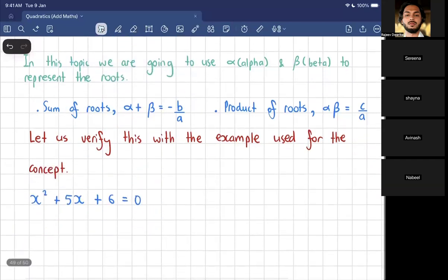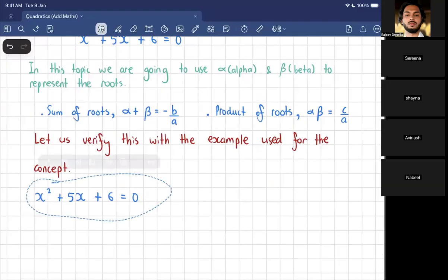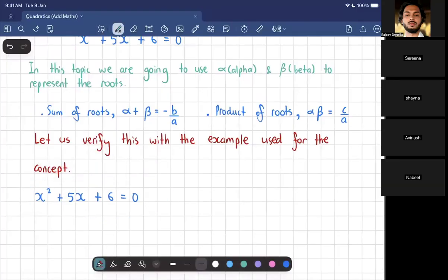Serena, just remind me, what were your roots for this? -2 and -3. Right. So we found it to be x is equal to -2 and x is equal to -3.